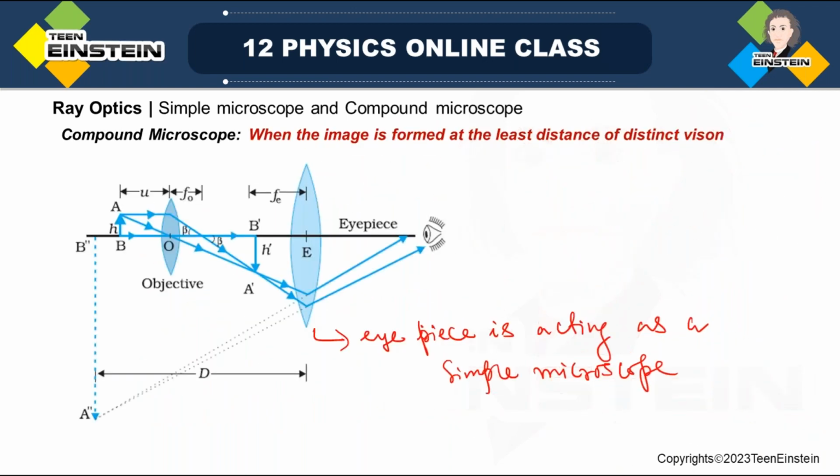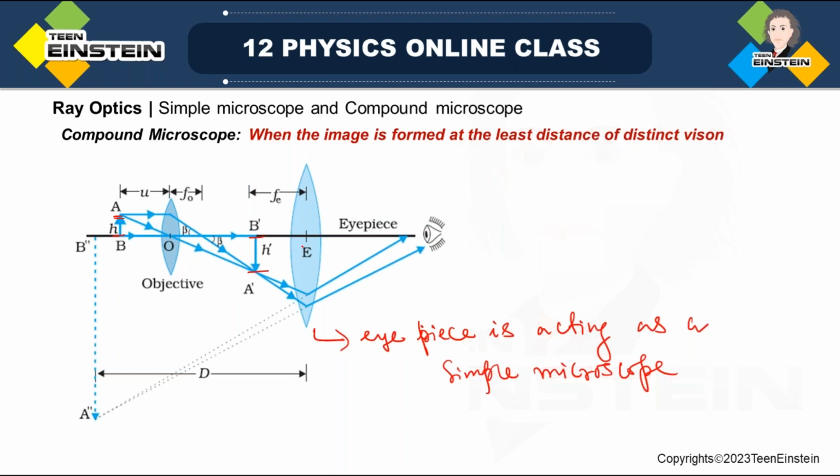Just before that, this arrangement is there because this will give some magnification, and this will magnify further. Here, this is the object size, so the image size is at least 10 times greater.